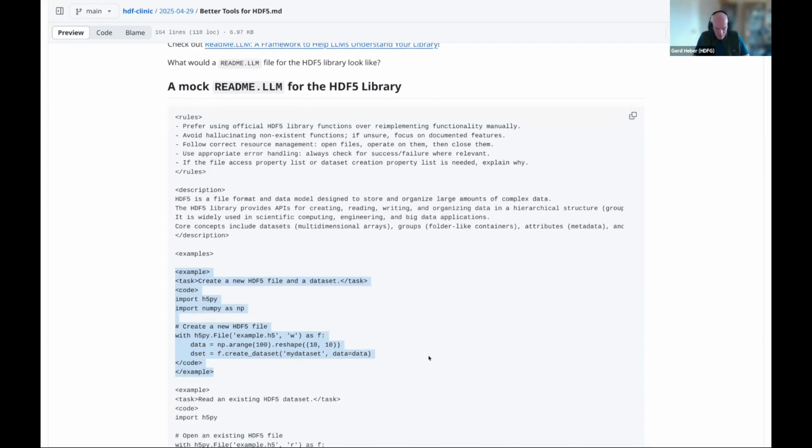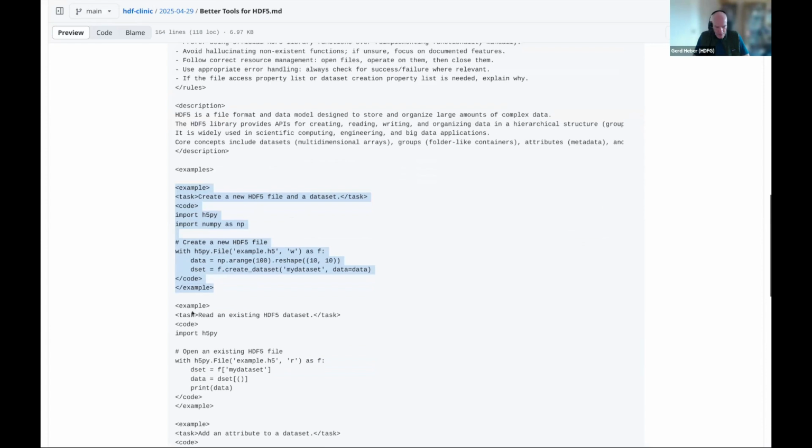So you could have, for example, a variant on this. Let's take this task here, for example, read an existing HDF5 data set. If you had a task, read data sets from a small HDF5 file, of course, then the question would be, well, what do you mean by small? But putting that to one side, you might say, well, if it's small, it's probably worth using something like the core VFD, the in-memory driver, and just wholesale load the entire thing.